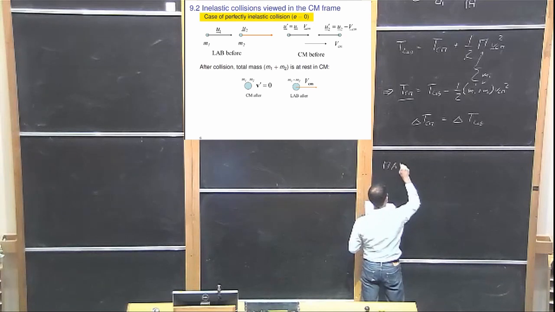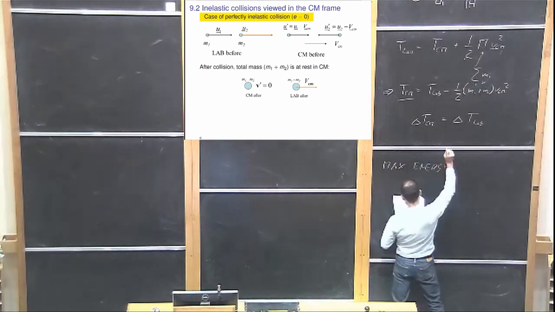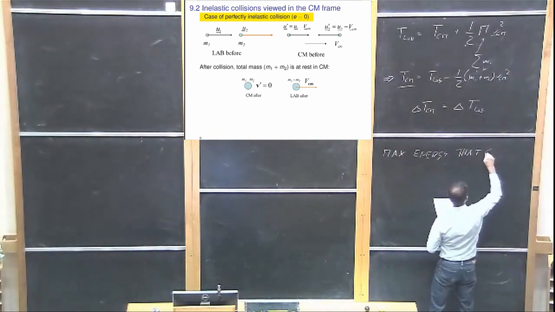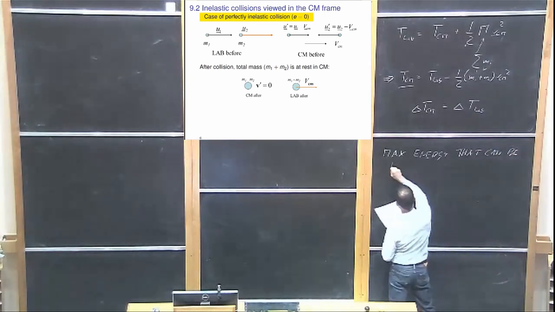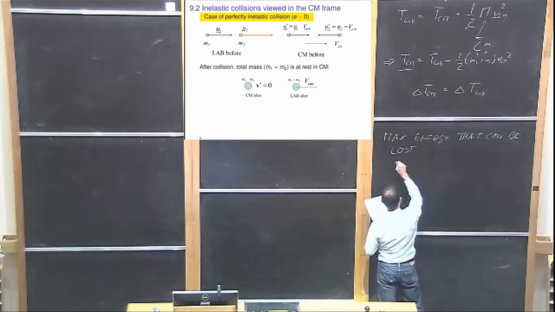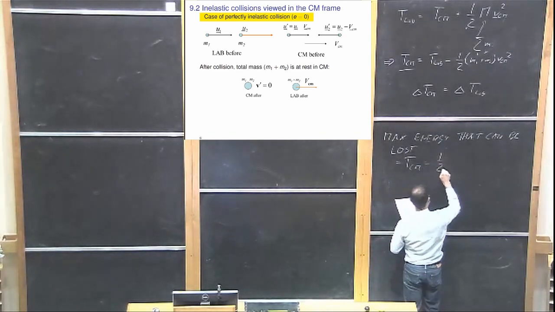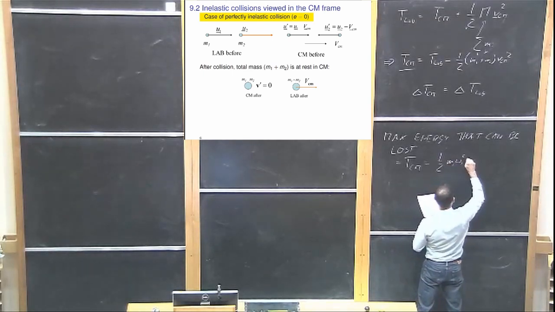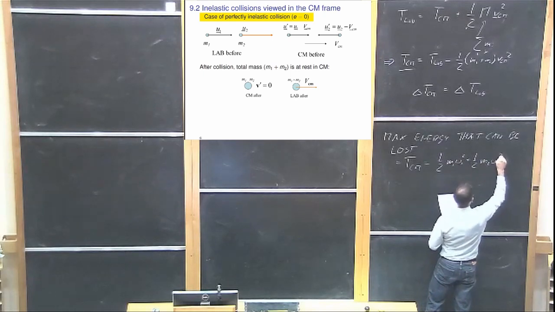So the max energy that can be lost is TCM, which is 1/2 m1 u1 squared plus 1/2 m2 u2 squared.